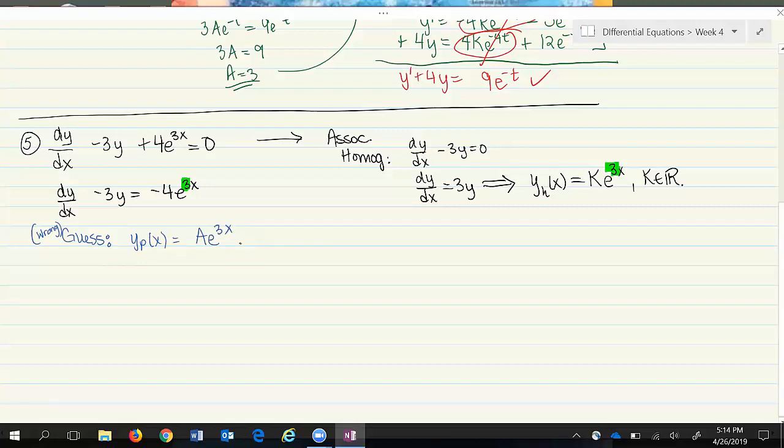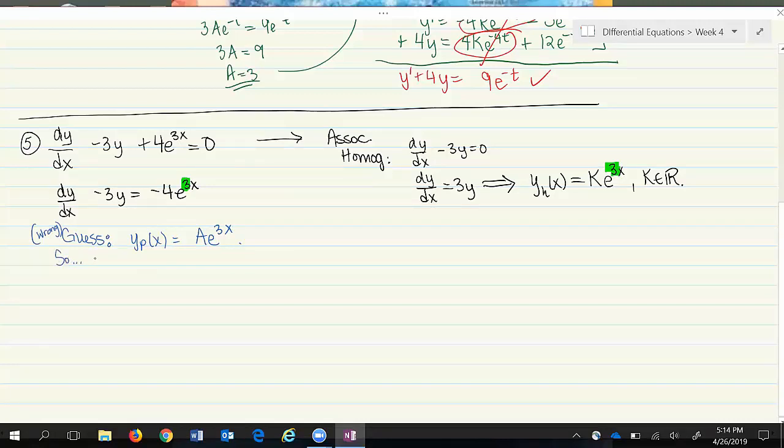But here's the problem. Functions of the form number times e^(3x) are solutions to the equation when there's nothing but the dy/dx and the 3y. You'll see what I mean when we try to go through this. So let's go ahead and try.